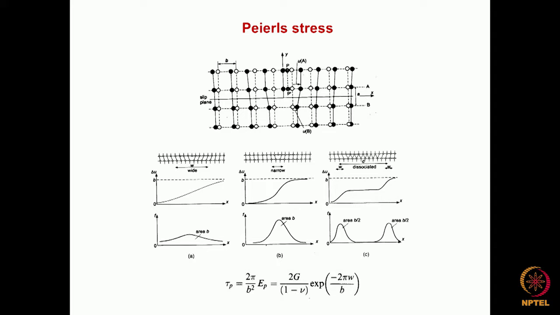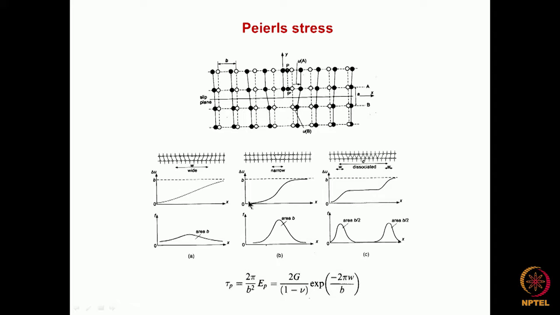What is the difference between a metallic sample and an ionic or covalent bonded sample? In the case of an ionic or covalent bonded sample, the charge neutrality has to be maintained. Otherwise a space charge effect will come. Because of this, all the displacements are essentially taking place over a very small region of the sample.